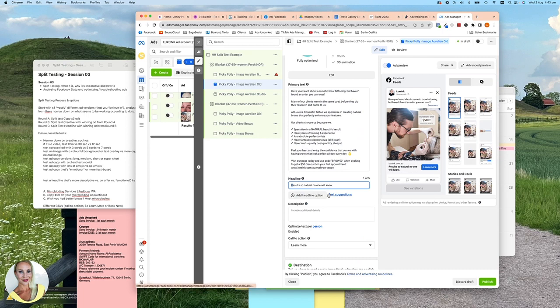So maybe if you added, for example, this, people that know about microblading will straight away, within a split second, understand, oh, this is cosmetic tattooing, this is microblading. So that could be something to consider to make the headline quite obvious in terms of what you're trying to communicate.